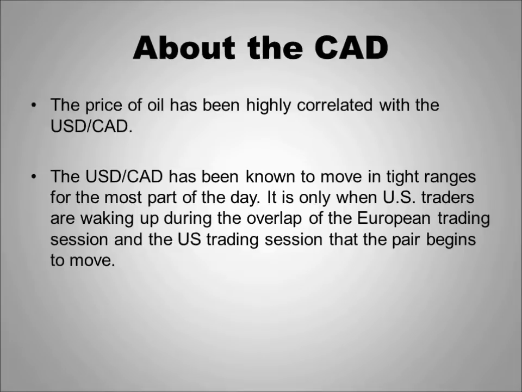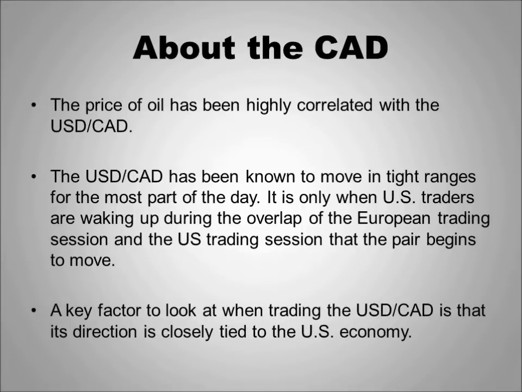And the US Canadian dollar pair has been known to move in tight ranges for most part of the day. It is only when US traders are waking up during the day, at the overlap of the European trading session, that the US dollar Canadian dollar pair is the most volatile. The most amount of the volatility usually takes place in the beginning of the New York session.